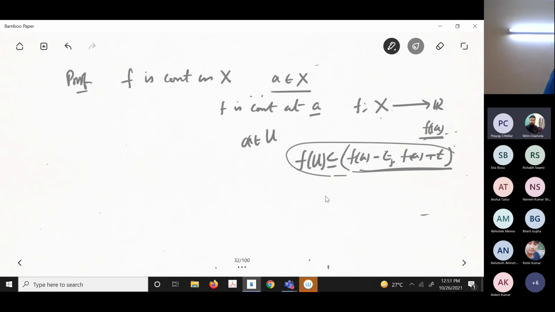Here I am using uniform convergence, but I am keeping one integer fixed, because I will use the continuity of fk. Since fk is continuous on X, fk is continuous at a. Hence there exists a neighborhood U of a such that I will have this double star condition. I am using the continuity of fk at a.